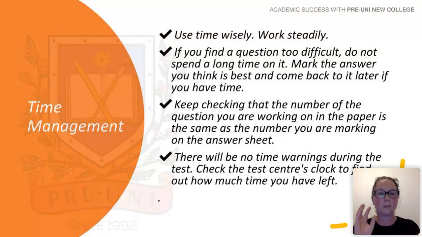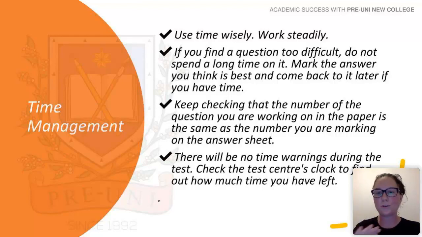This is a message to students who are listening, probably there with parents and carers, or you can pass this information to them. If you find a question too difficult, try not to spend a long time on it. It's better to just leave an indicator to yourself to come back to that question at the end.